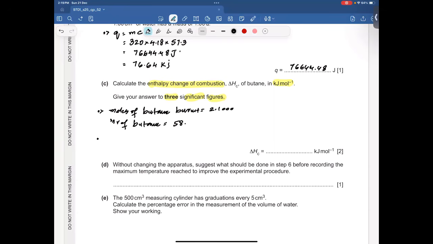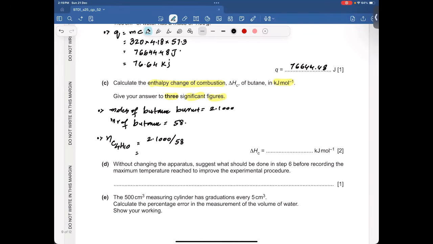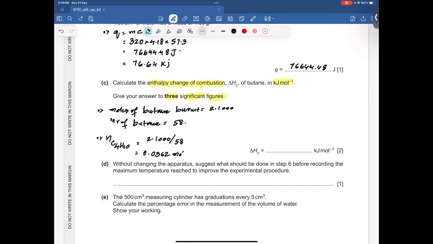The formula of butane is C4H10. So it's 2.1 divided by 58, which is 0.0362 moles.